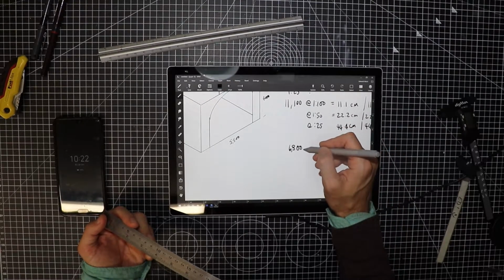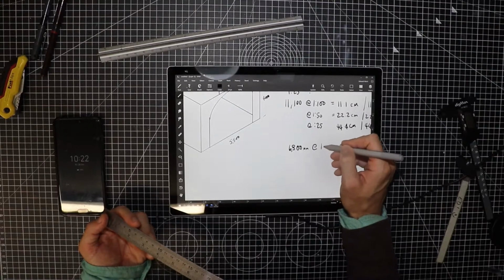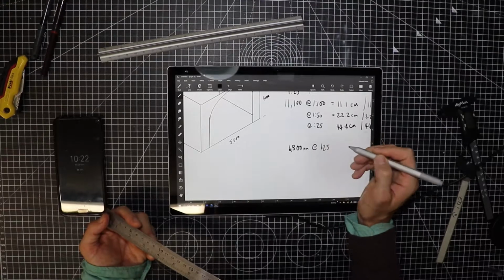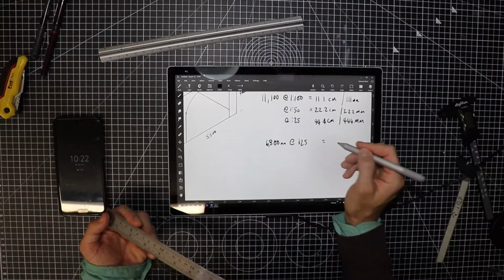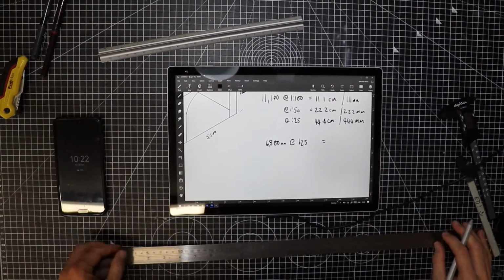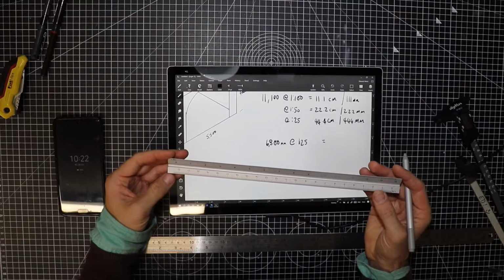6,800 mil at 1 to 25 equals, now how do we do that if our ruler doesn't go all the way?